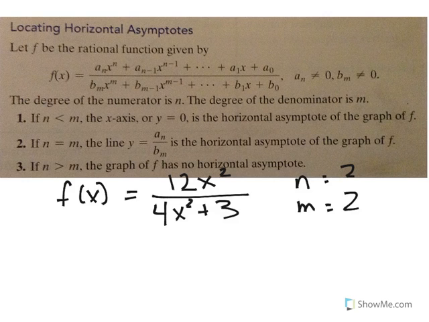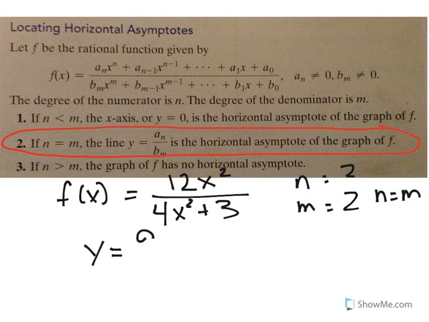So what does it say when n is equal to m? Here it is. If n is equal to m, the line y equals a over b is the horizontal asymptote of the graph of f. So, like I said, we have n equal to m here. So we know that y is equal to a_n over b_m.